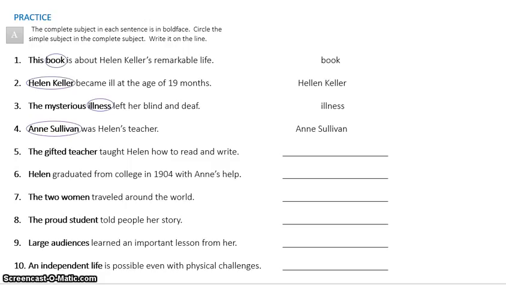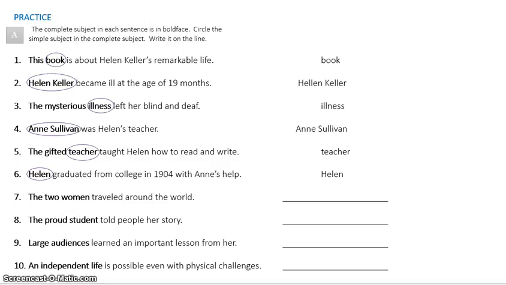Well, in this case, it's going to be teacher. Number 6, Helen is your complete subject, but because there is only 1 word in the complete subject, it happens to be your simple subject also. So you should have circled Helen and written Helen on the line.